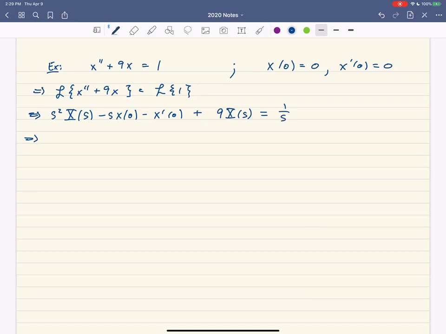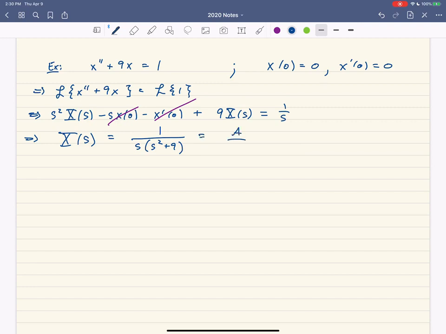We can simplify a little bit here because little x of 0 and x prime of 0 are both 0. So capital X of s is going to be equal to 1 over s times the quantity s squared plus 9. And so now our job is to take the inverse Laplace transform of 1 over s times s squared plus 9. The easiest way to do this is to do partial fractions.